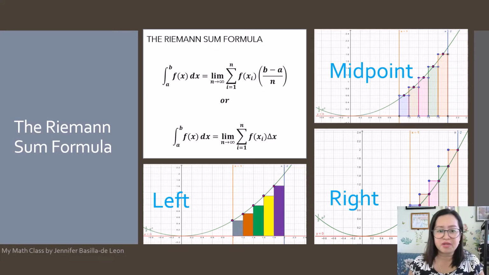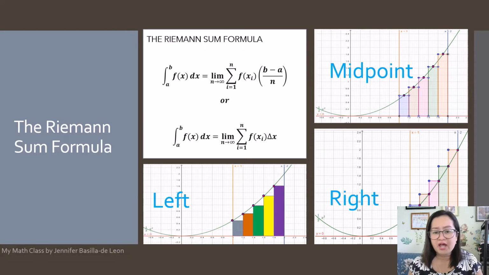The first method is using the Riemann sum formula, which is defined as the definite integral of f of x on the closed interval from a to b. This is equal to the limit of the summation of f of x sub i times (b minus a) all over n, where i starts from 1 up to n and n approaches positive infinity.